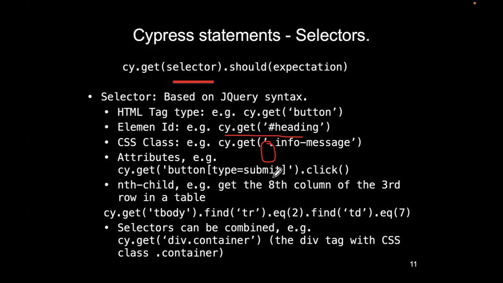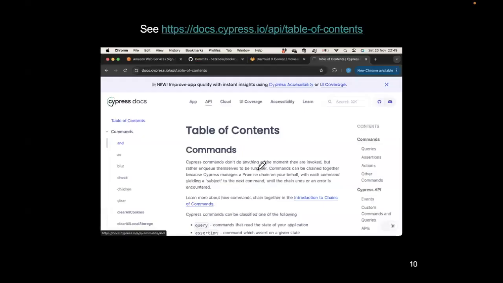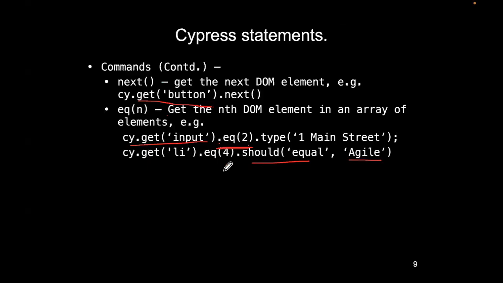So I want to pick out the button that has this particular attribute setting. And so this is the syntax that I use. I start with the HTML tag type, and then within square brackets, I specify the attribute name and the attribute value.